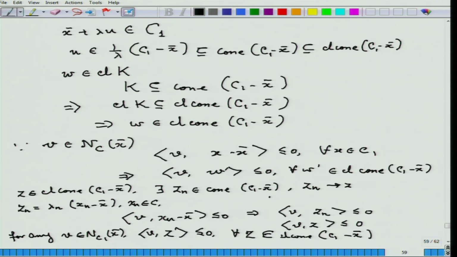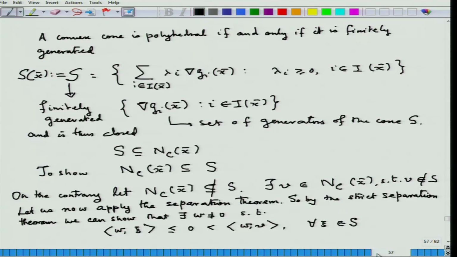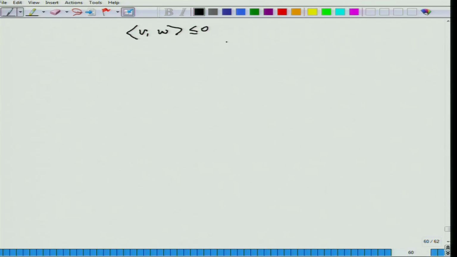But let me go back a while and see what the separation theorem gives me. The separation theorem gives me that V of W is strictly greater than 0 for that particular V which we had taken, and thus here we have a contradiction.